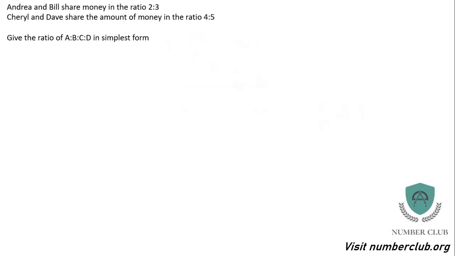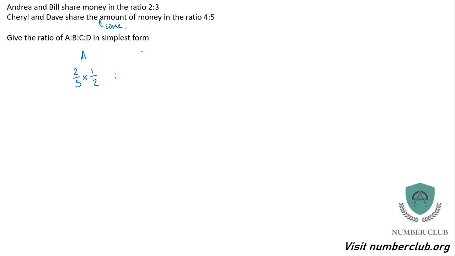Andrew and Bill share some money in the ratio 2 to 3. Cheryl and Dave share the same amount of money in the ratio 4 to 5. So Andrea and Bill are sharing half of the money. Andrea is getting 2/5 of half of the money: 2 out of a total of 5 shares, since 2 plus 3 is 5.